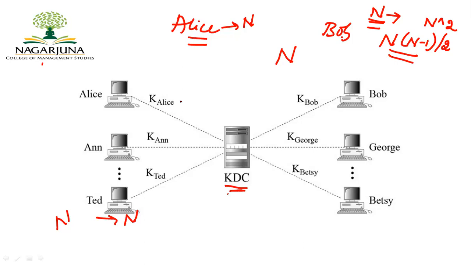So now Alice would like to communicate with all of them. Alice sends a request message to the KDC and sends her own key to the KDC.